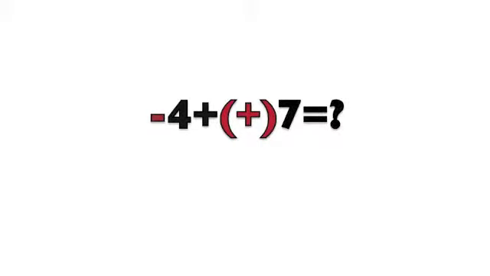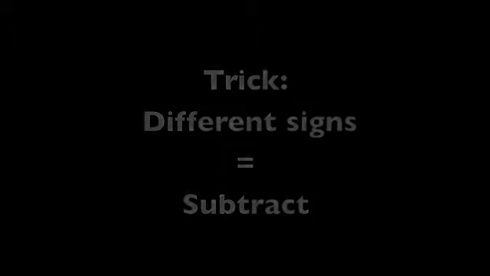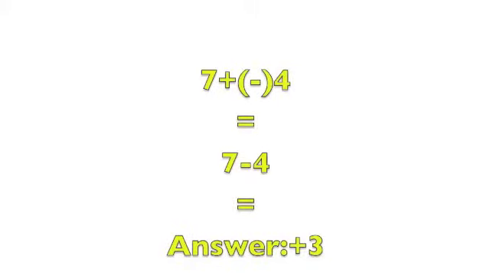What happens when you add integers from two different teams? Negative 4 plus positive 7 equals what? The trick is that different signs will subtract. For example, positive 7 plus negative 4 is the same as 7 minus 4, which equals positive 3.